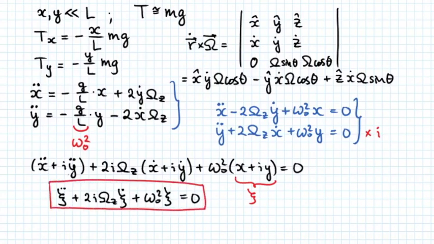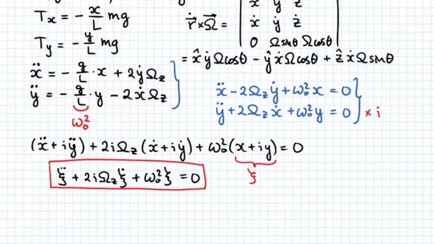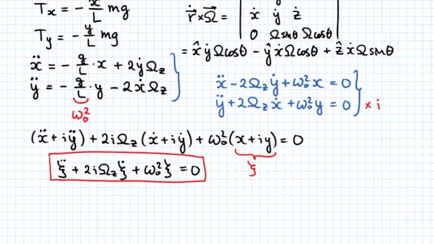As you can see, we're able to combine two coupled equations into a single complex valued equation for variable psi. Note that in this case both real and imaginary parts of psi matter, not just the real part like we did for simple harmonic oscillator or driven oscillator. The solution to this equation proceeds as usual.